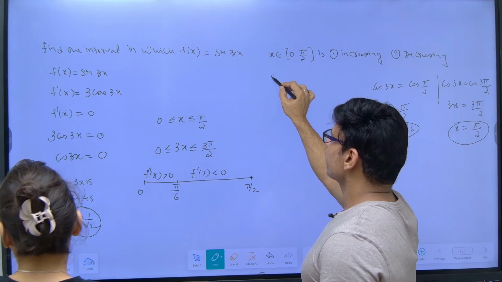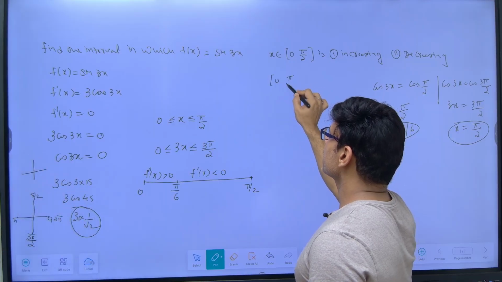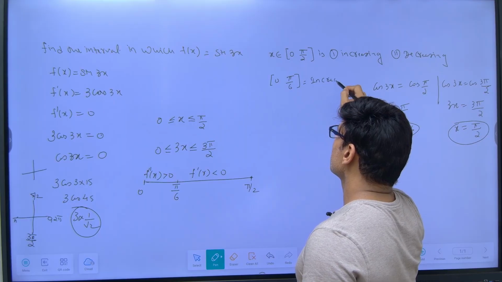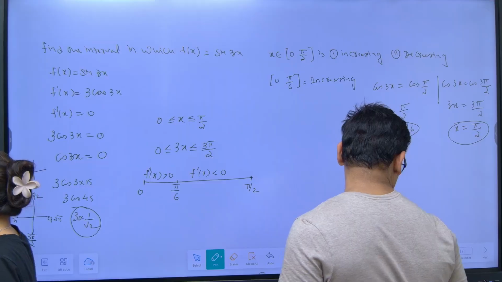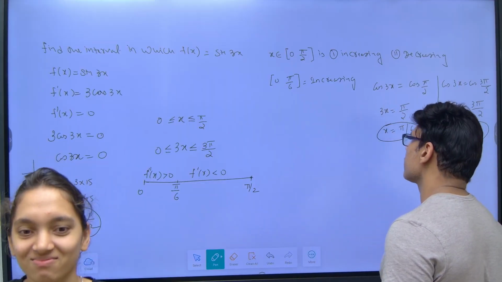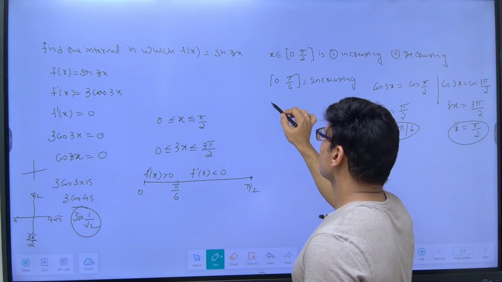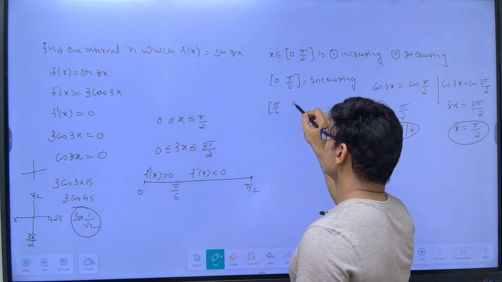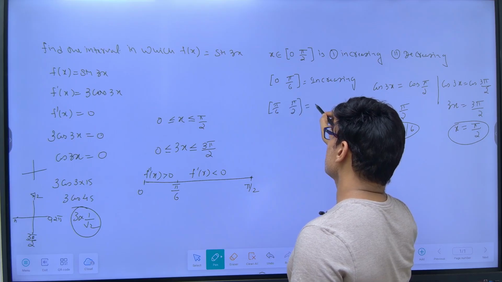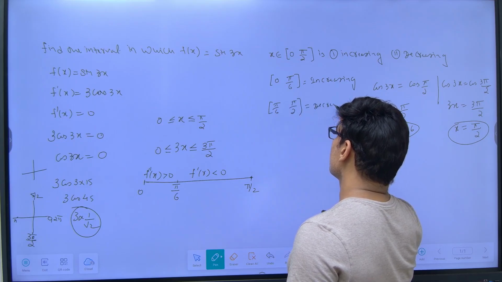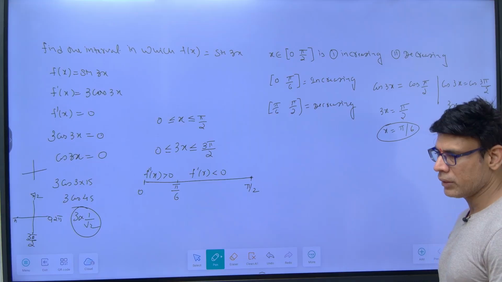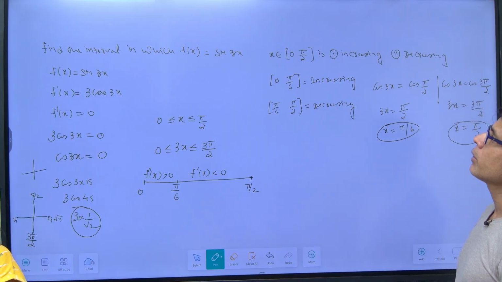So I can write from 0 to pi by 6, this is increasing. And from pi by 6 to pi by 2, this is decreasing. Pi by 2 is included because that is given.